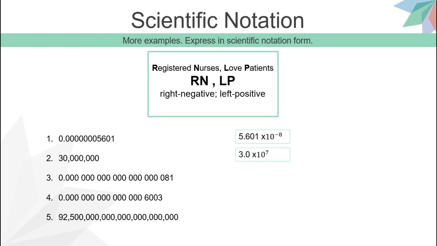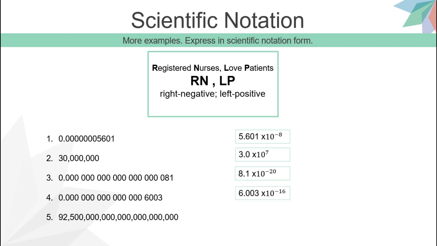Next, we have 3.0 times 10. It can also be 3 times 10 to the power of 7, since it moved from right to left. Then 8.1 times 10 to the power of negative 20, since the movement of our decimal is from left to right.